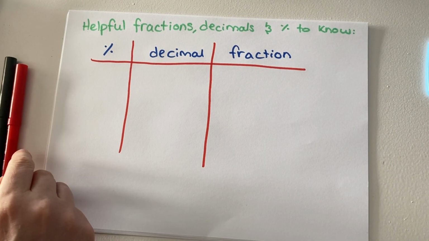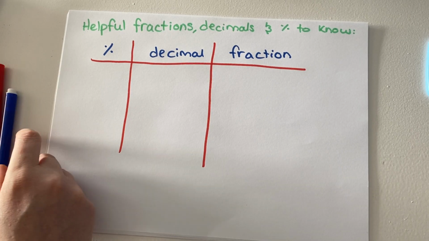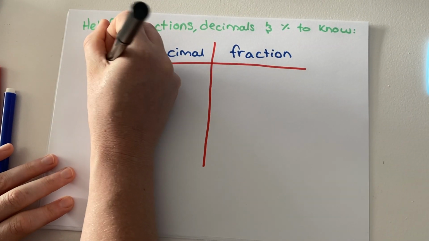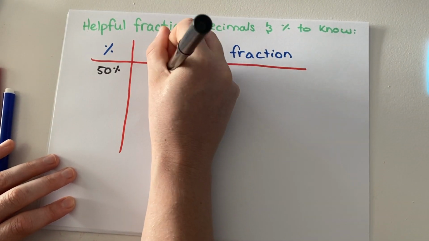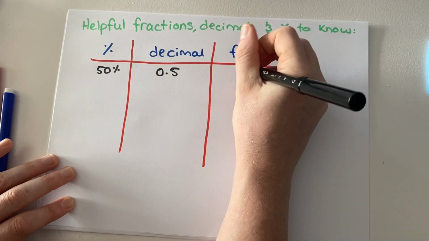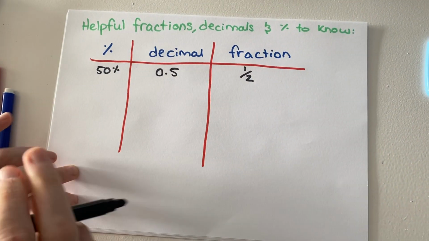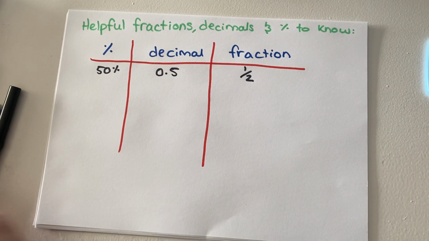So for a start, let's just do one example of 50%. Okay, 50% is that half chance you're going to get. It's always 0.5 as a decimal, and as a fraction, it's 1/2. So that's just one of the most common ones you're going to see.